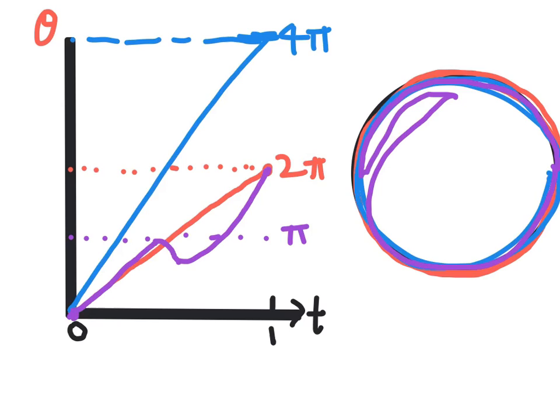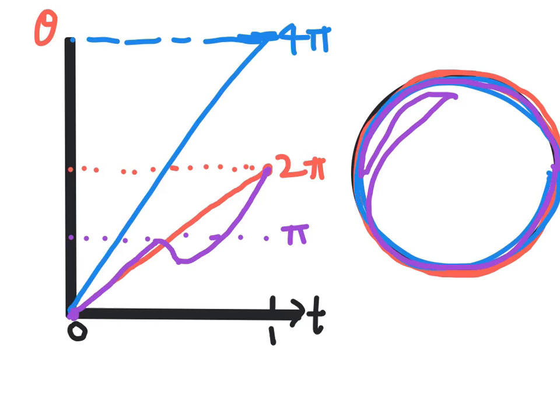Okay, so the way we're going to prove that the fundamental group of the circle is the integers is we're going to define for each loop a number, which is this increase in the angle as you go round that loop. And it's always going to be an integer multiple of 2 pi because we know that if you go round the circle and get back to the same point, you've gone round some definite number of times.